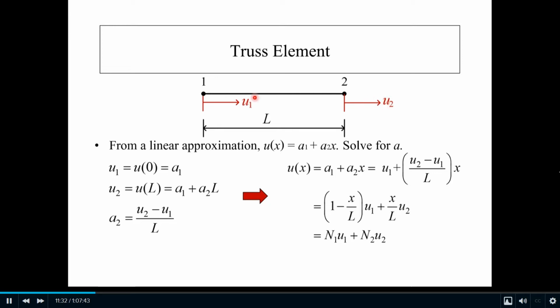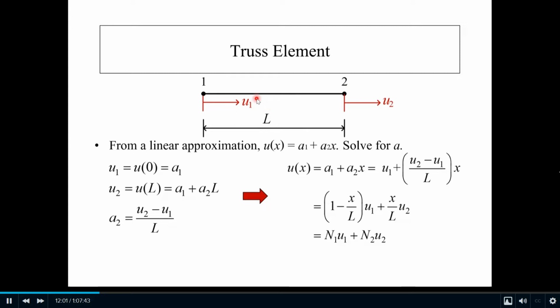So U1 and U2 would be your basic unknowns. Once you know U1 and U2, and you want to know the displacement within this element at any point, you just put the value of x in this equation, and you get the displacement at that point.